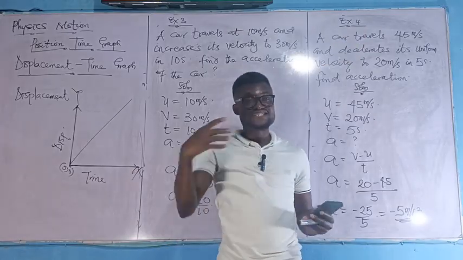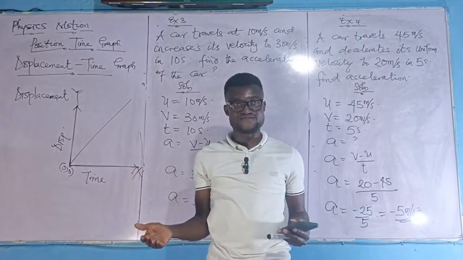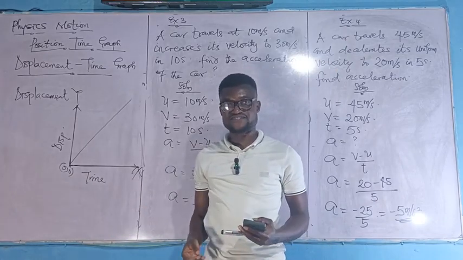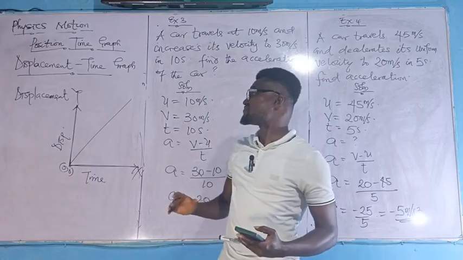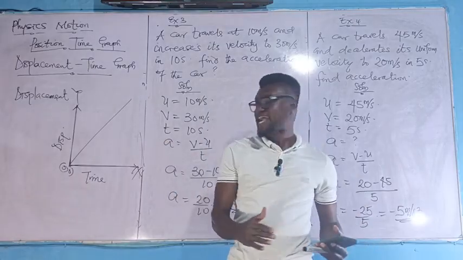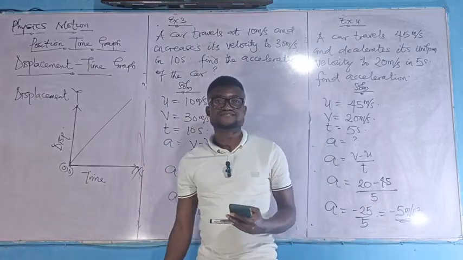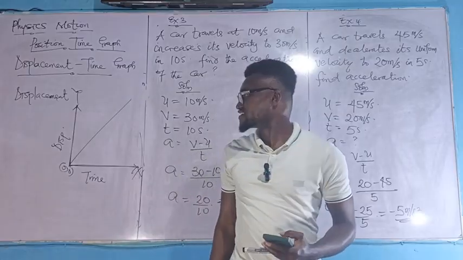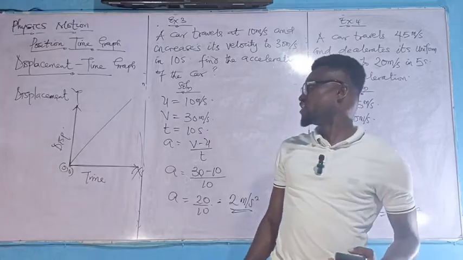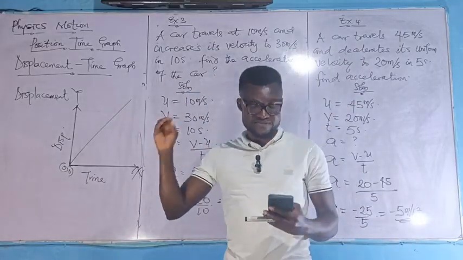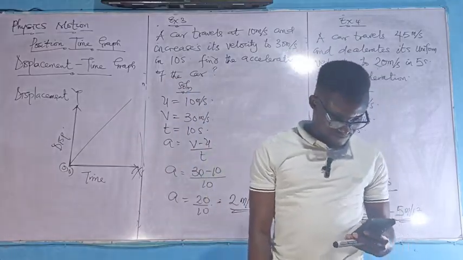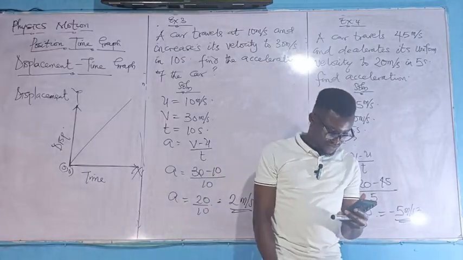The one with velocity against time should be acceleration, not velocity. So any graph that shows displacement against time is the velocity graph, or you call it the displacement-time graph.